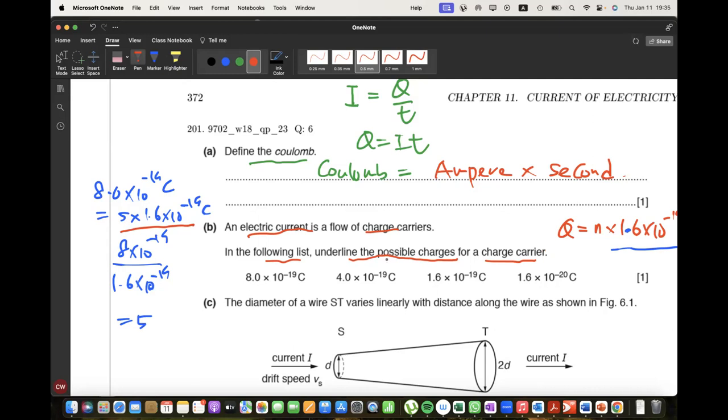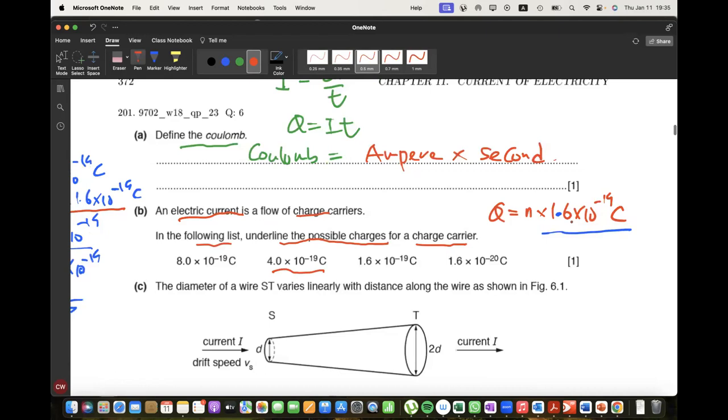Do you understand? Multiple. Is this one also a multiple of this? Is 4 a multiple of 1.6? No. Is this one a multiple of 1.6? This one, yes. Is this one a multiple of 1.6? Yes.